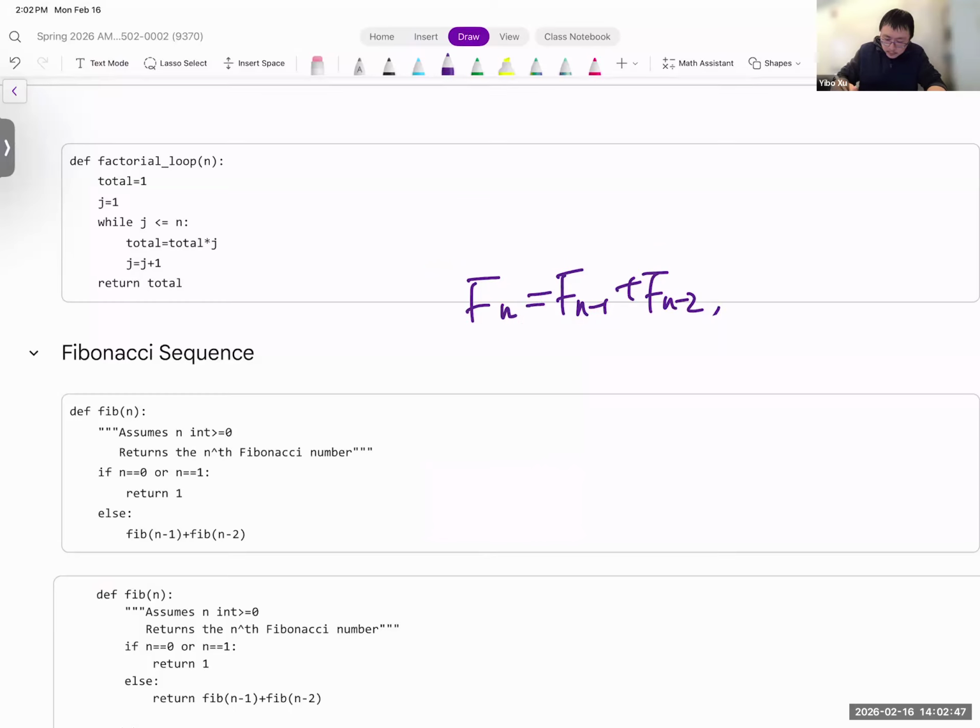So f0, f1, they are usually defined as ones for the original Fibonacci sequence. But if you want to change the initial numbers, then the behavior of the sequence may behave slightly differently.